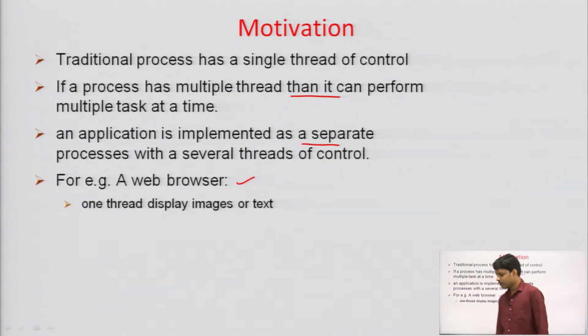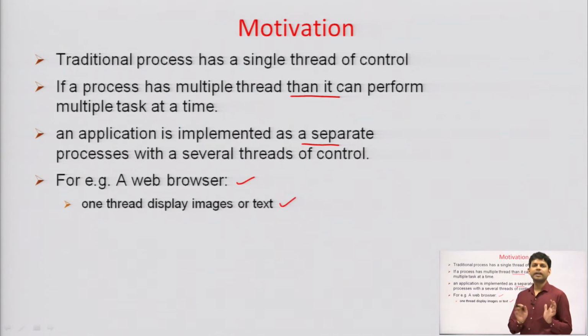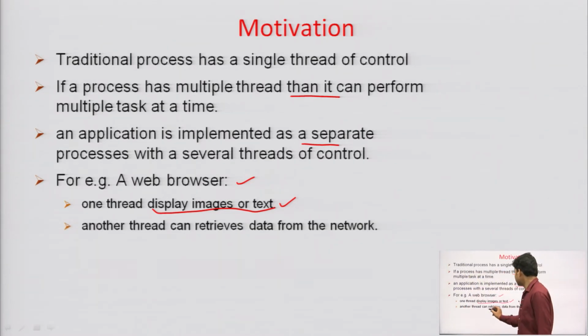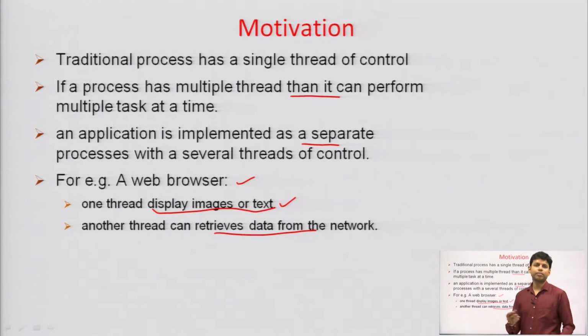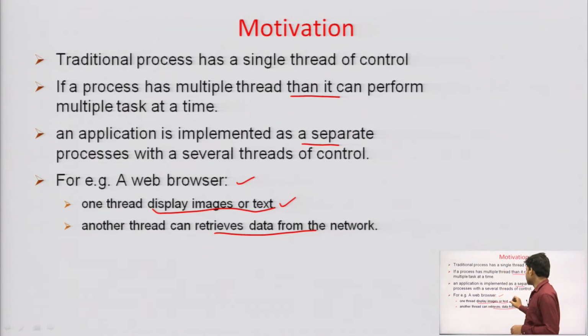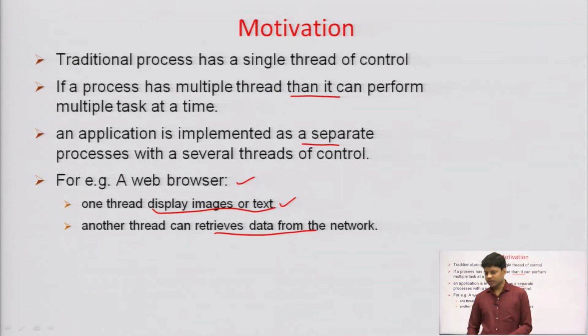One thread is ongoing for displaying you the images and text, and the other thread is responsible for retrieving data from the network. This is the best example that we see in our daily life. We are accessing the web browser daily. So one thread displays images or text, another thread can retrieve data from the network.